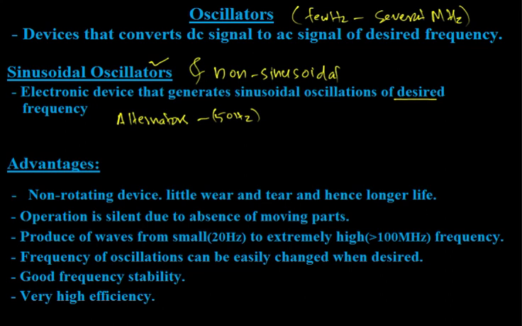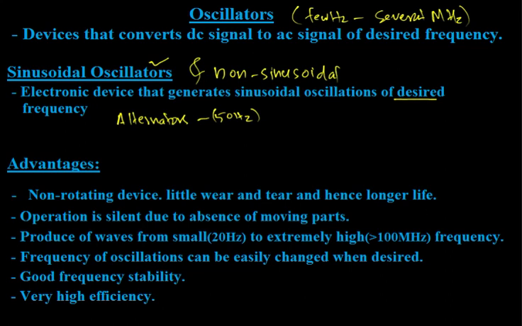If we consider an alternator and an oscillator, there are many advantages of oscillators over alternators. Let's mention those advantages. An alternator has moving or rotating parts, but an oscillator does not have a rotating part.